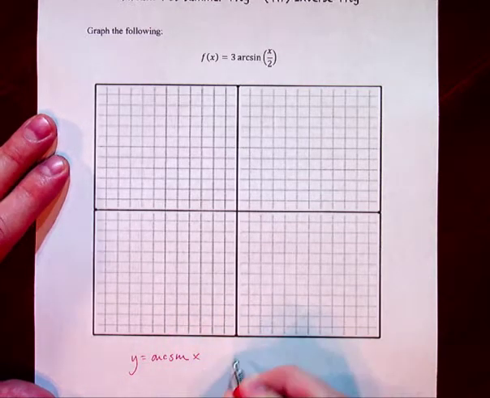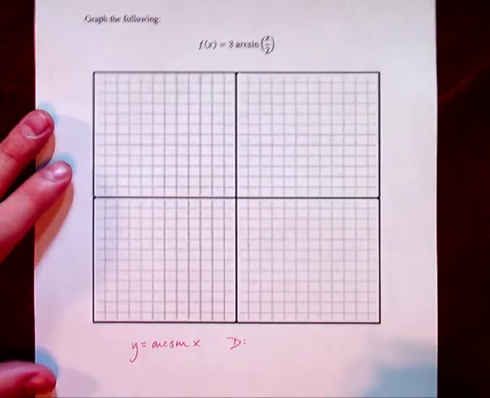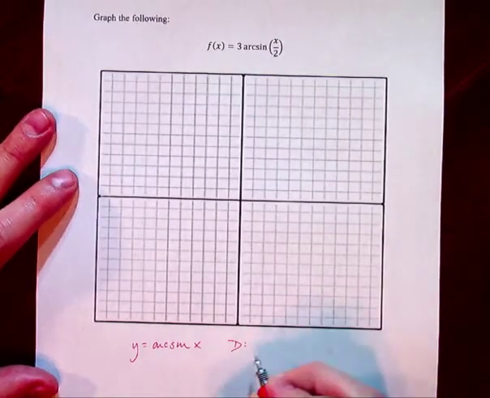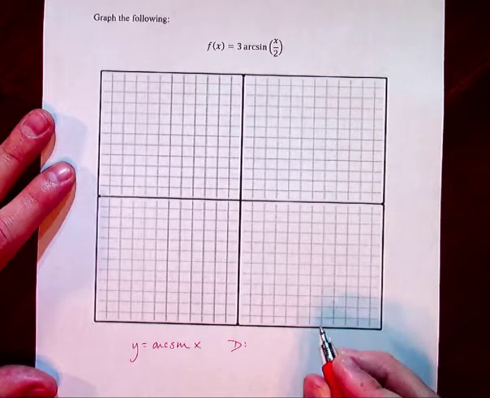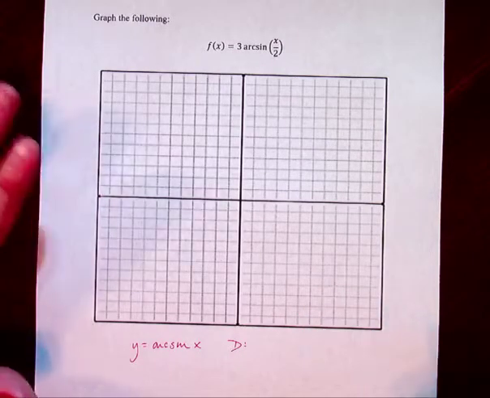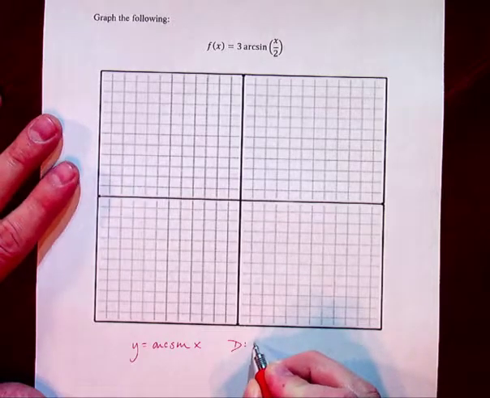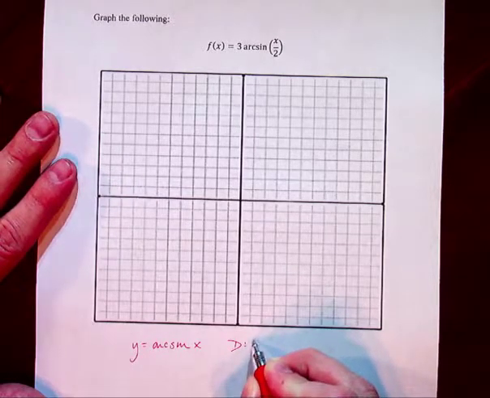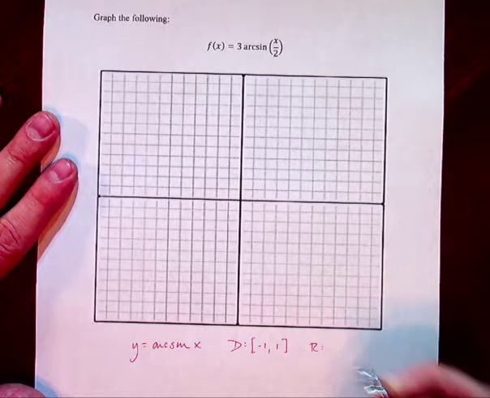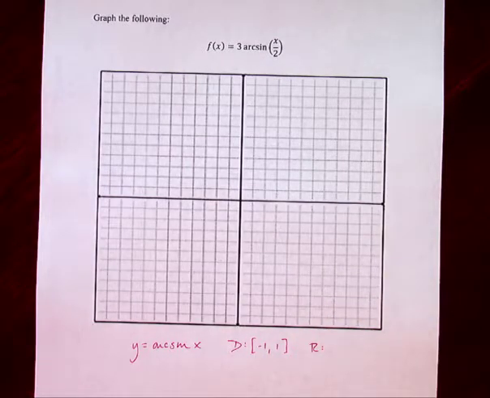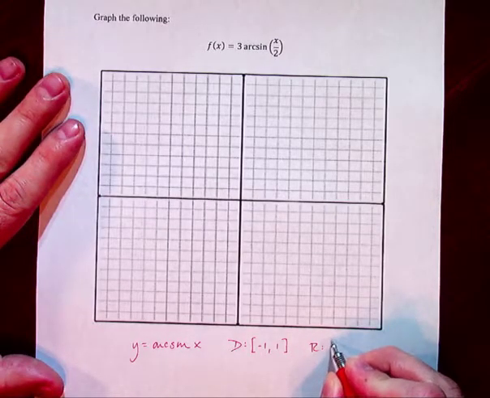Now remember that if you're thinking about the parent, y is equal to arc sine of x, our domain, okay, our domain is what values can be plugged in, right? Well, that basically means that it's now -1 to 1. My range is what angle measurement values am I going to potentially get out.